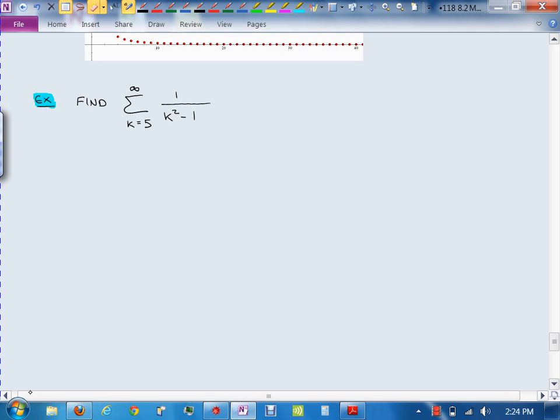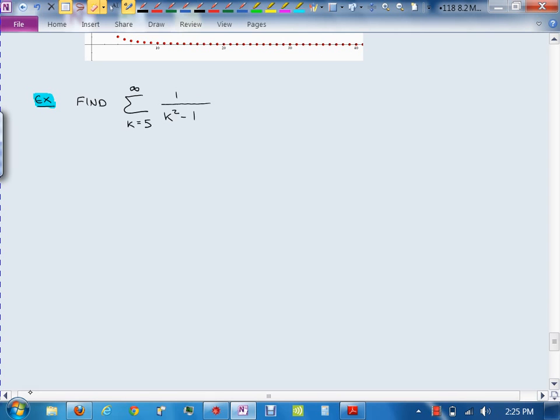The power is the thing that keeps changing. And here it's the base that changes, right? So this is automatically not geometric because it's not the exponent that keeps on changing. Is it harmonic? Well, no, because you have something that's squared. You have a square. You don't have just k or a multiple of k. Yeah, because you can take the k and k times k minus 1. That's right.